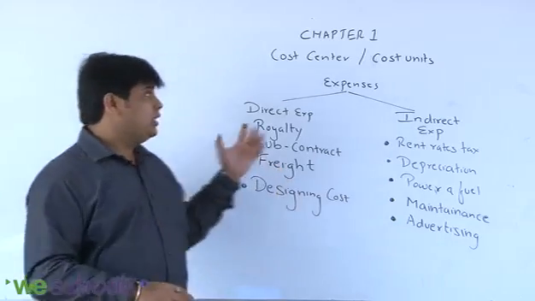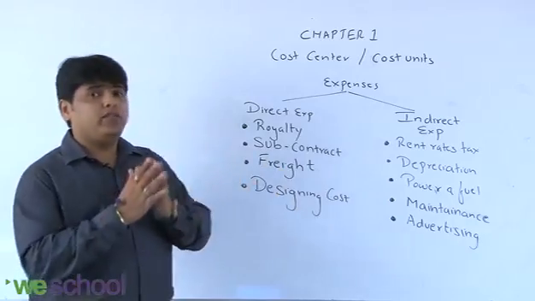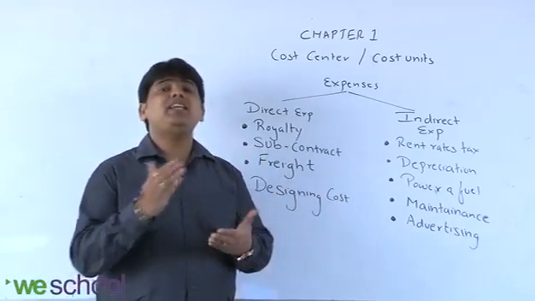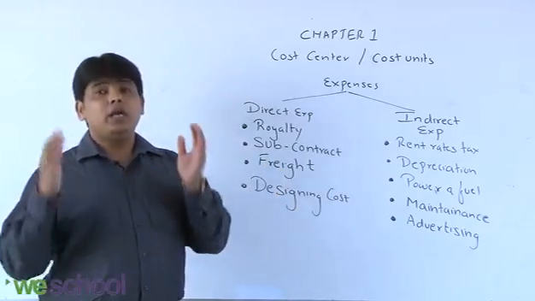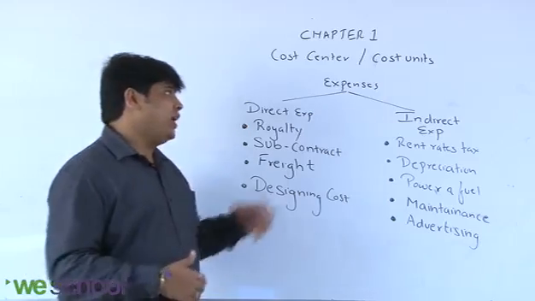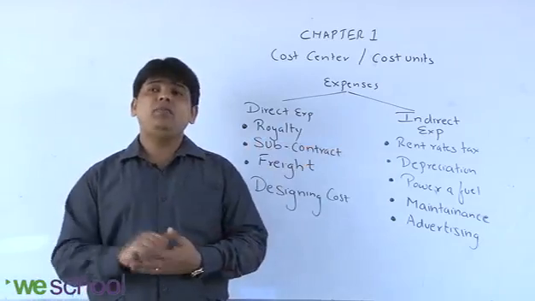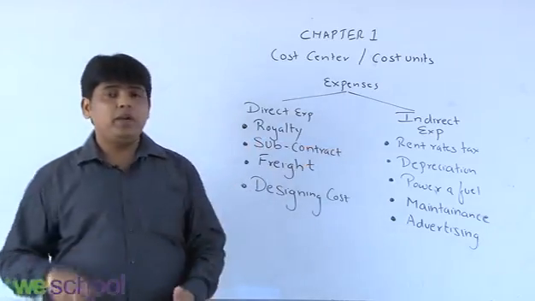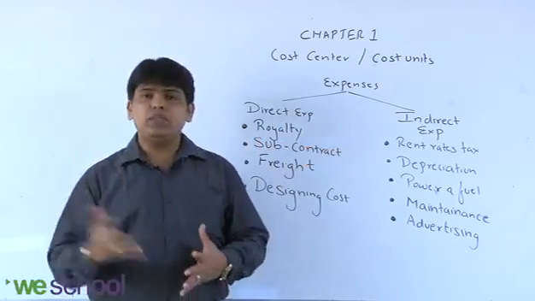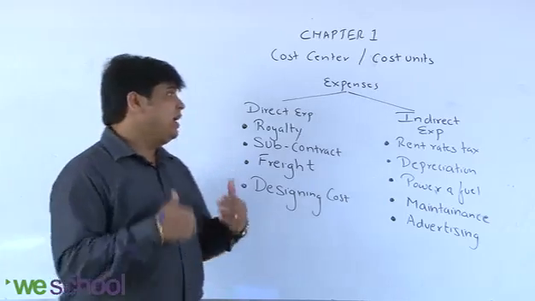So in this way, this type of expenses can be allocated directly. Right? So this is the first thing. First you have to divide the whole operation into cost centers. Cost centers means various departments. And on the basis of that, first we'll take direct expense and indirect expense, because direct expense can be easily charged to the production department or admin department or selling and distribution department. Then that can be directly charged.